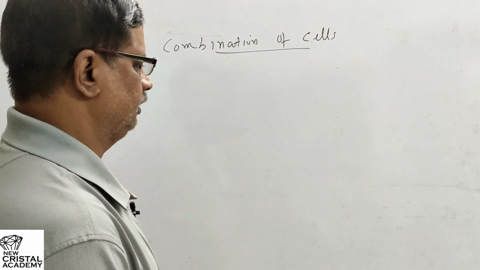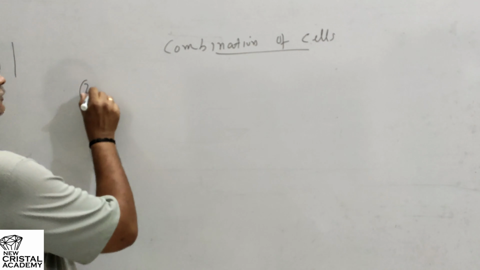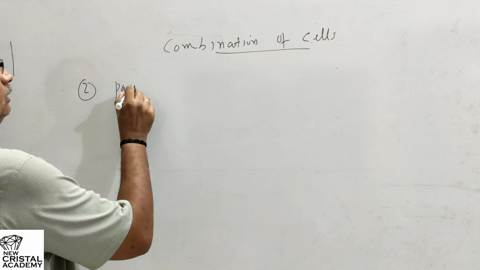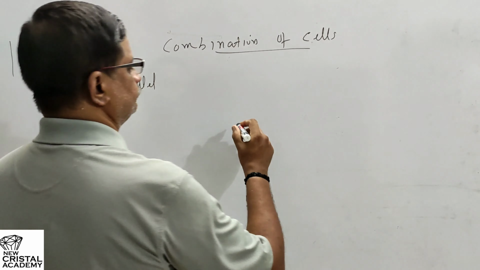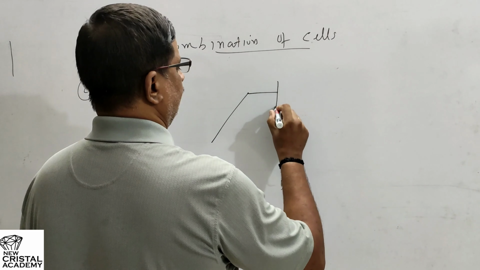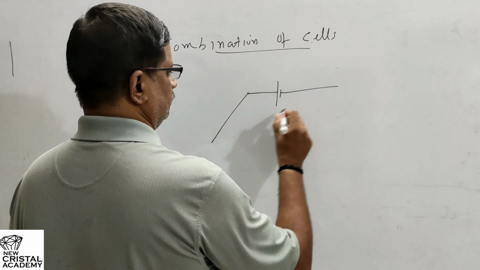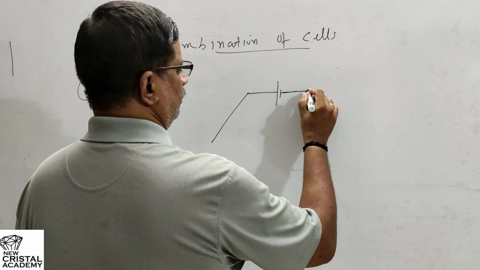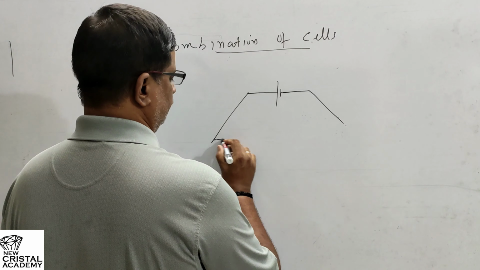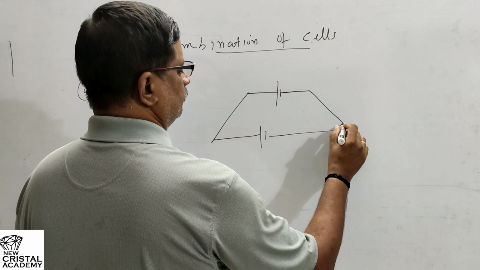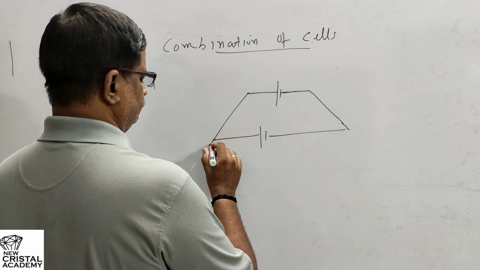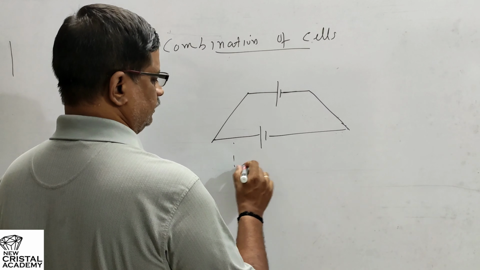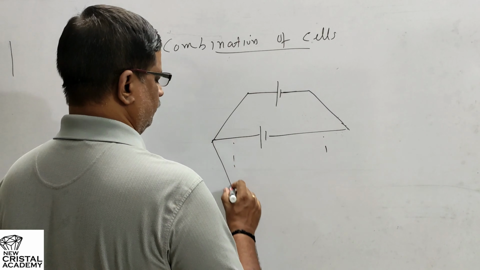Now we connect the cells in parallel. The second one is the parallel combination of cells. Again we have n identical cells, each of EMF E and internal resistance r, connected across a resistor. So there are n such cells here which are all in parallel.